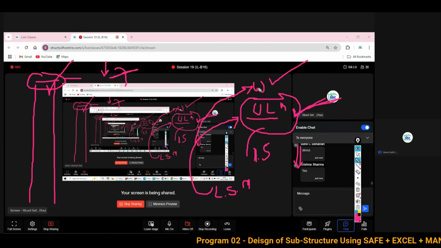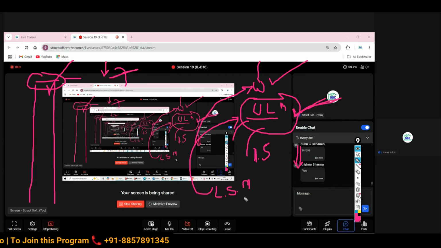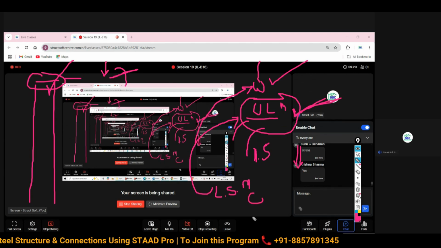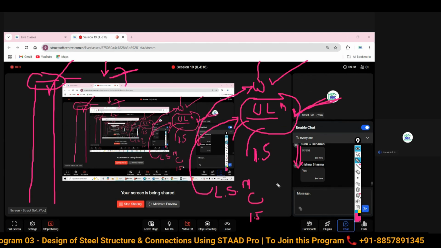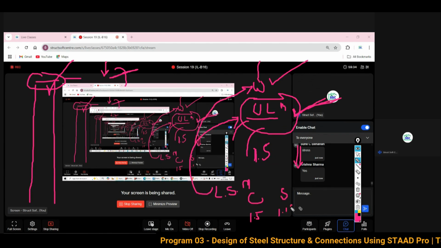So here factor of safety is taken over the material and factor of safety is taken over the loading. For the material, the partial factor of safety for concrete is taken as 1.5, and for steel it is recommended to consider 1.15.